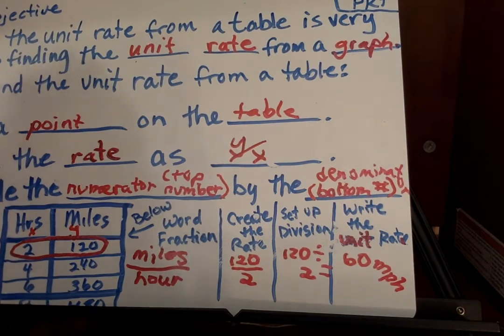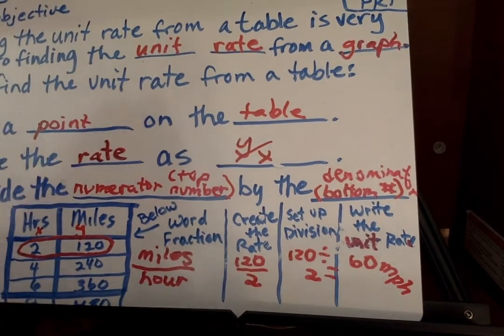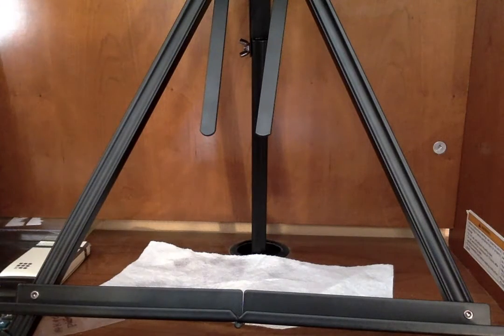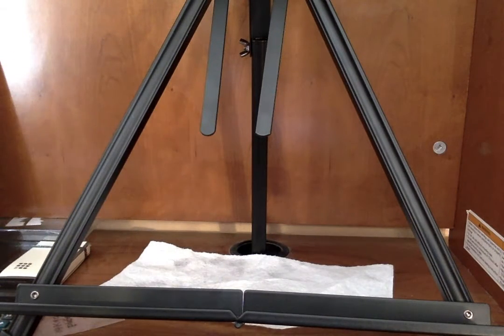All right. Now I'm going to go ahead and do a couple of problems from the pink packet, because I don't think there's enough practice for you to do it in the green packet.